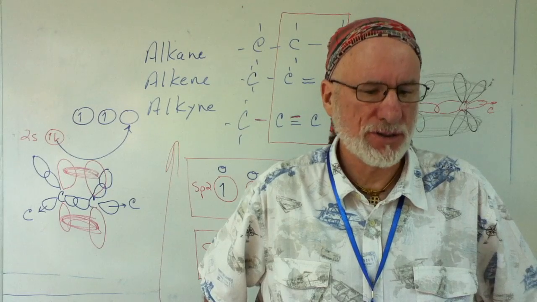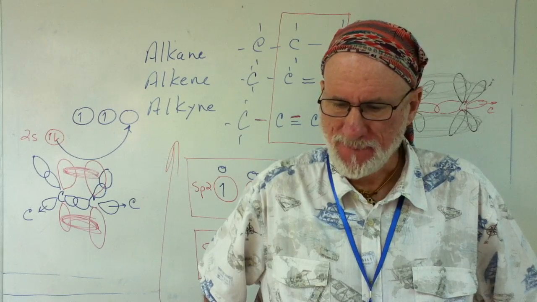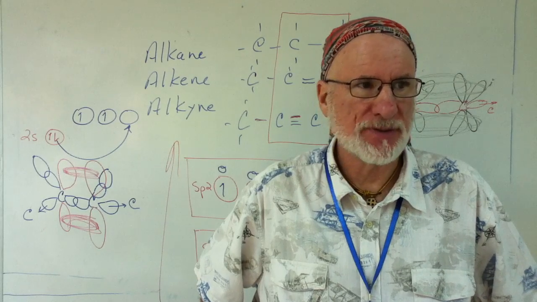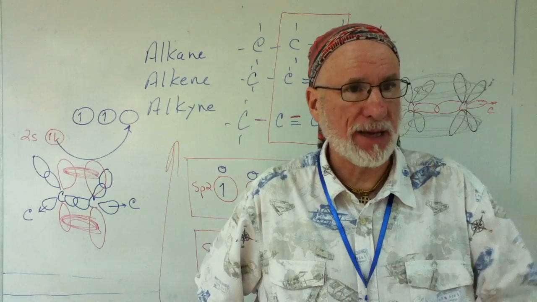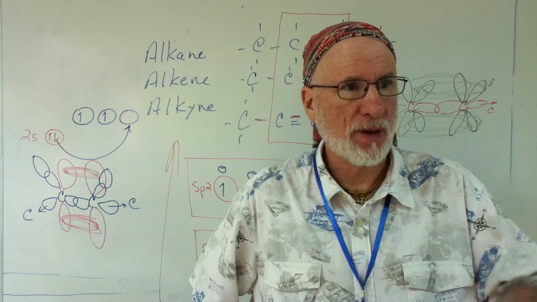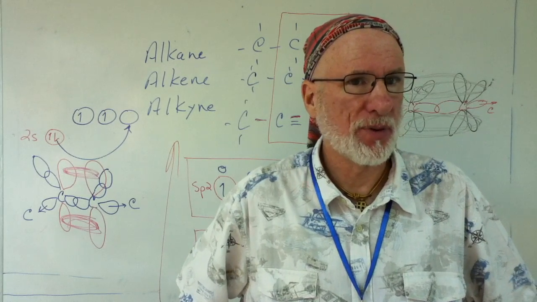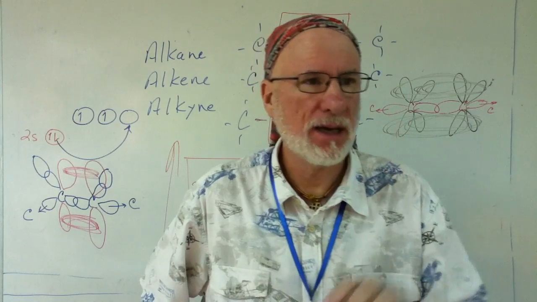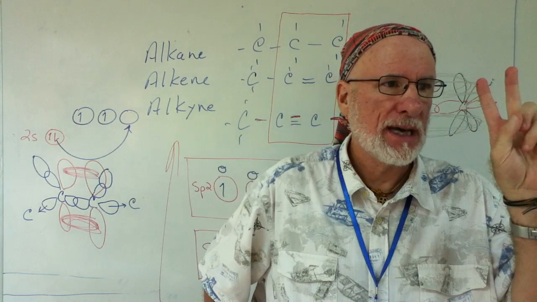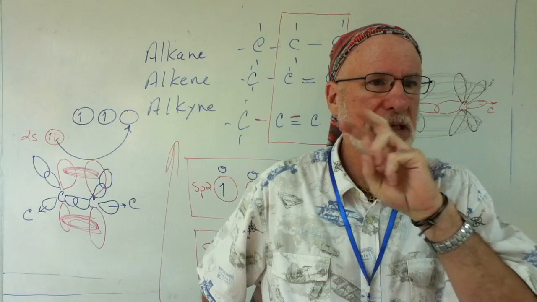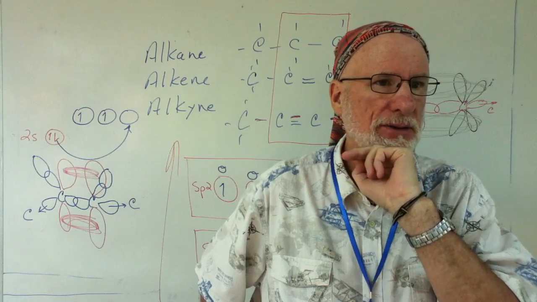Okay, I'll show you where it is in your text, but that's pretty important stuff. So let's quit there, and then I'll come back and make another one, so it's not overwhelming. You don't have to watch a zillion hours to get a point. We'll call this alkenes, alkanes, alkynes, and hybridization. Good.